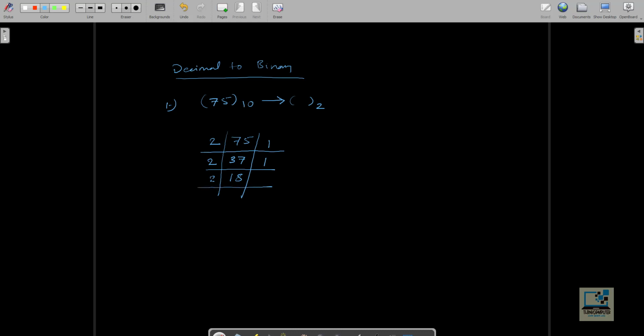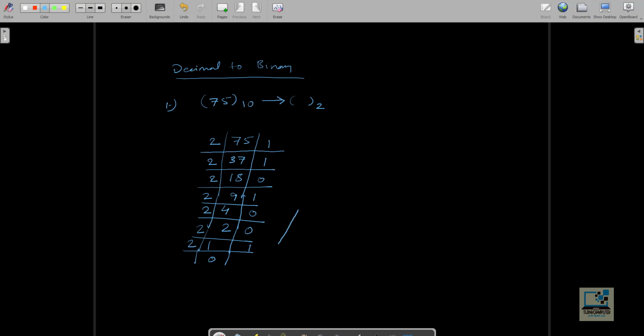Again 2 9s are 18, remainder 0. Then 2 4s are 8, remainder 1. Then 2 2s are 4, remainder 0. Then 2 1s are 2, remainder 0. And finally we can say that 2 zeros are 0, remainder 1.